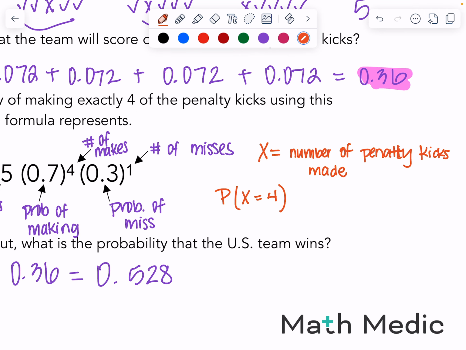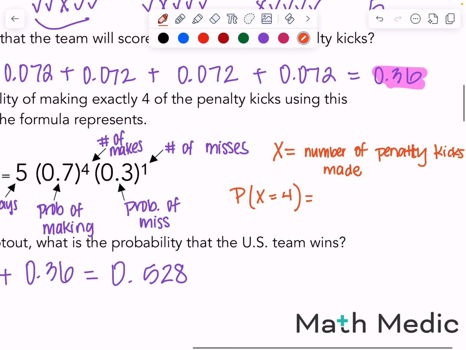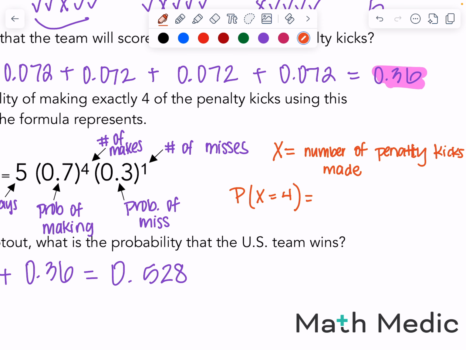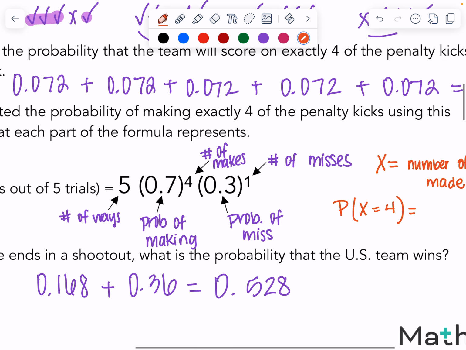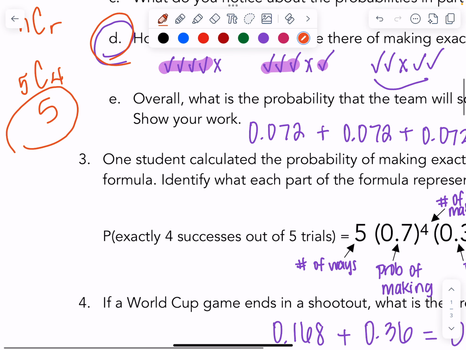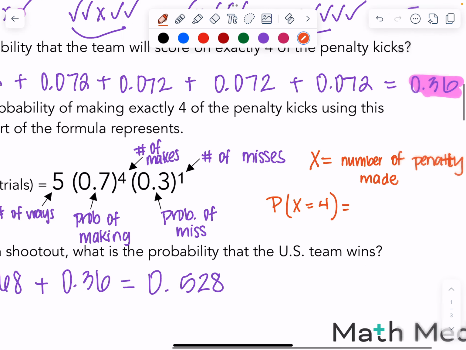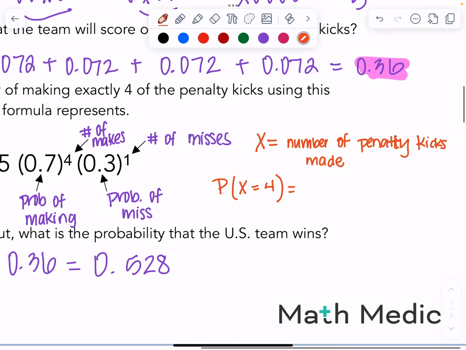All binomial settings are going to follow this general format. Remember that using our new combination notation, we're going to use the 5 choose 4, and then in this case it was 0.7 to the 4th, 0.3 to the 1st.